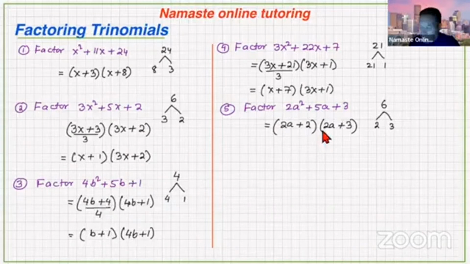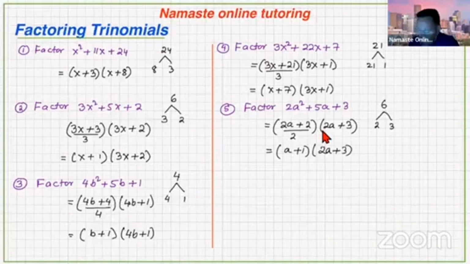So we divide it by 2. Now you know the technique. So this will be equal to a plus 1 times 2a plus 3, because 2a over 2 is a and 2 over 2 is 1. So a plus 1 times 2a plus 3 are the factors of this trinomial.